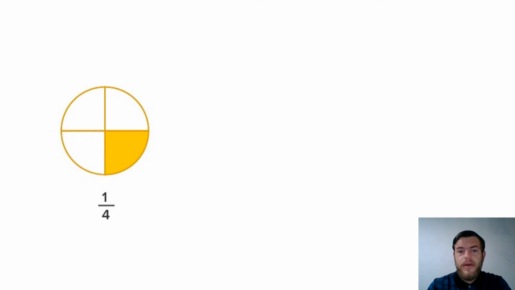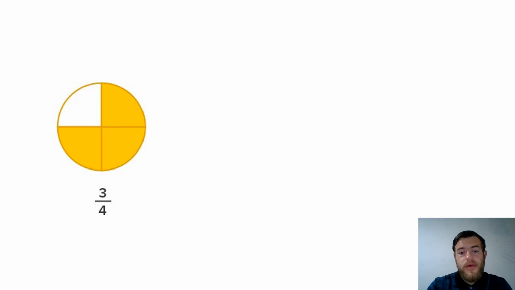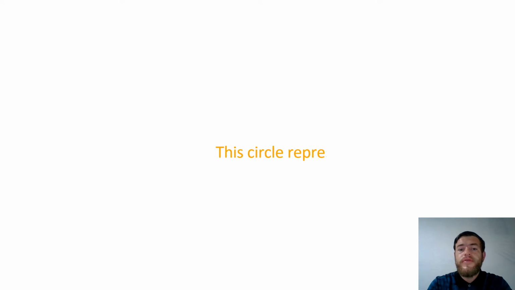This circle is identified as a quarter, which is classified as 4 equal parts. The next circle that we have is colored in 3 parts and one that is not colored, which means that this is identified as 3/4.